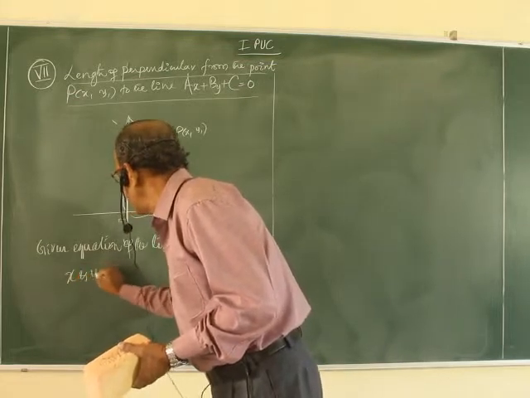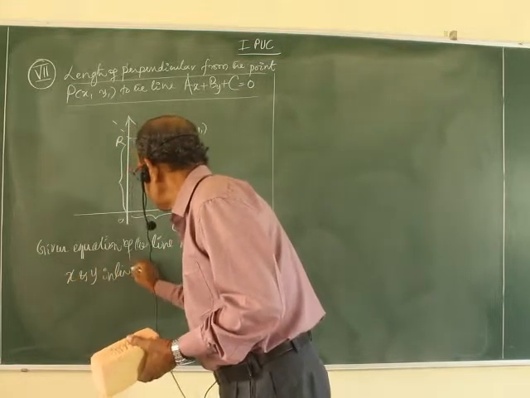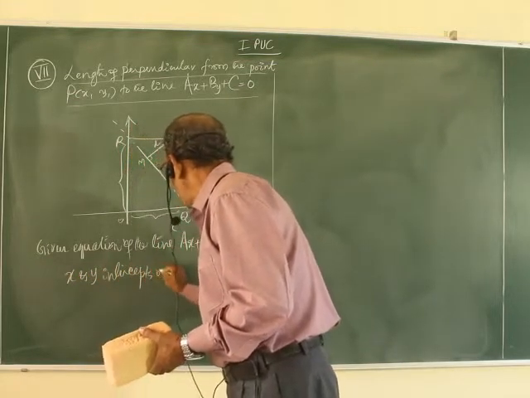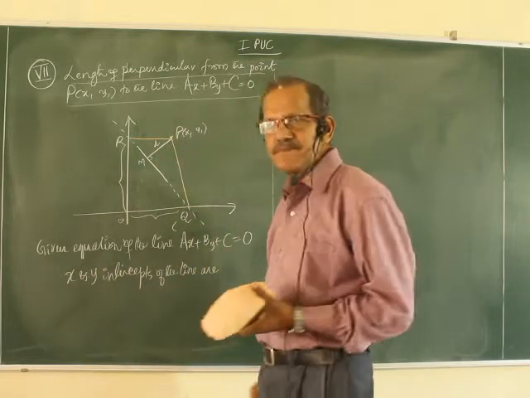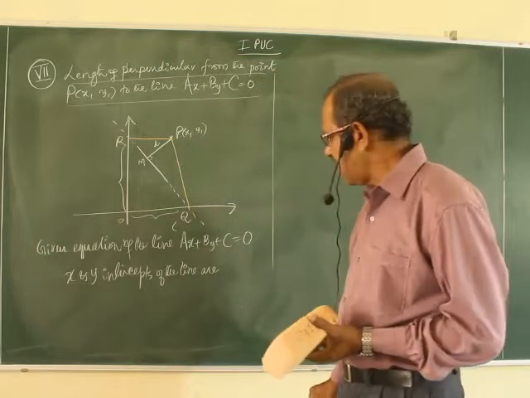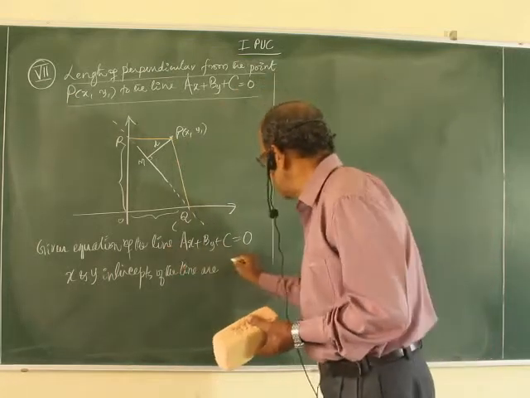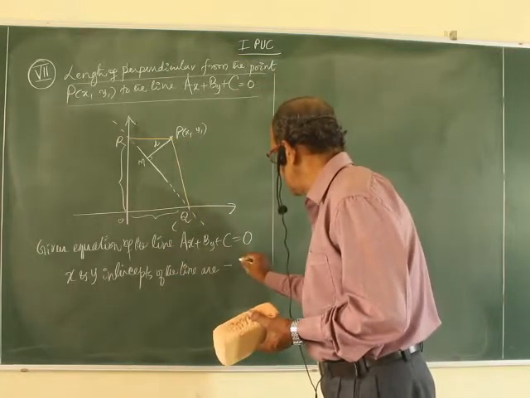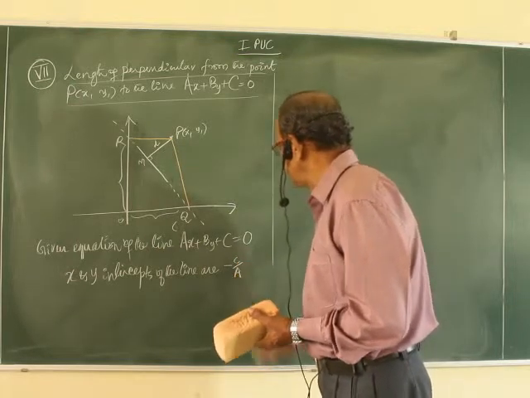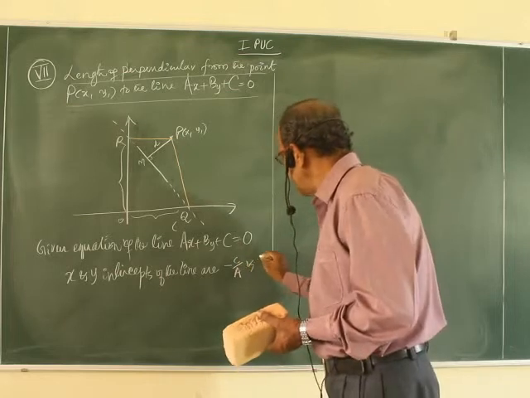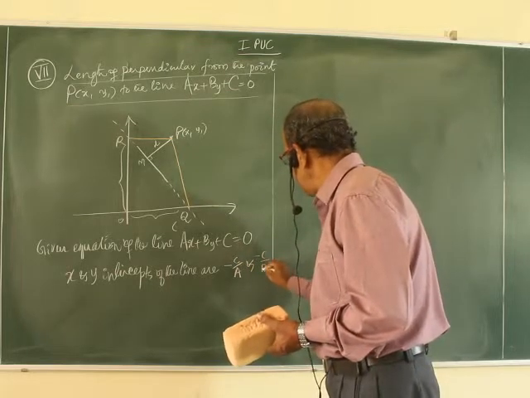X and y-intercepts of the line are: x-intercept is minus c by a, correct no? And y-intercept minus c by b.